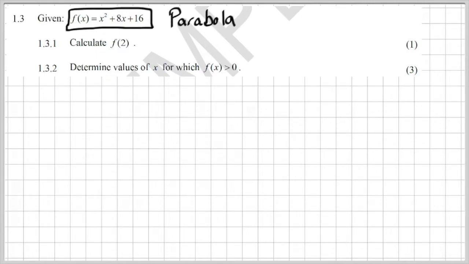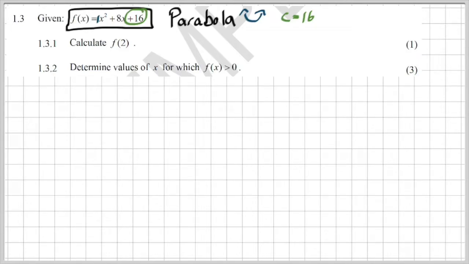Okay, look where my mind goes. I don't just look at an equation, I look at where it can go. Looking at a parabola, it is smiling because of the 1x squared, and it has a c value of 16. Easy. I love to analyze my questions.